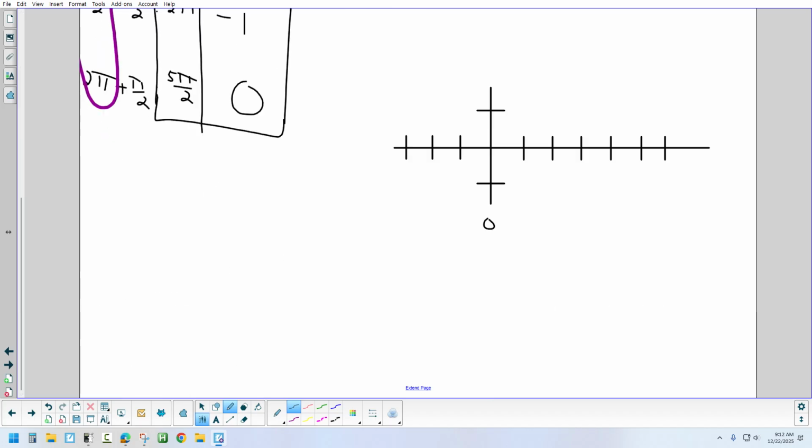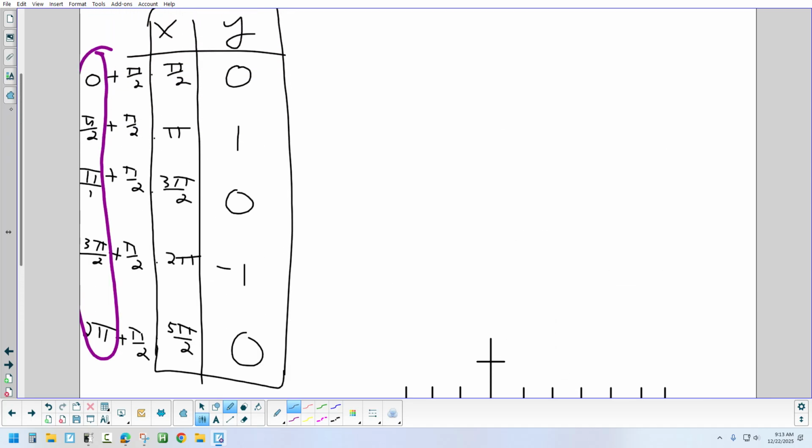So we've got 0, pi over 2, and I'm just going to use the x values that I already have in the table: pi, 3 pi over 2, 2 pi, 5 pi over 2. I wrote them lower than the tick marks because I'm going to be drawing close to the axis.